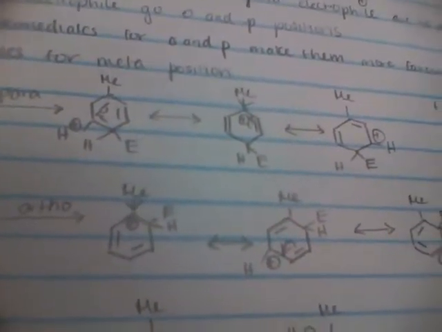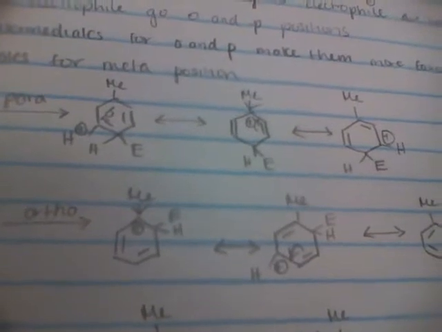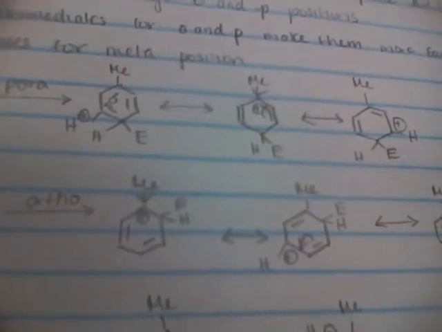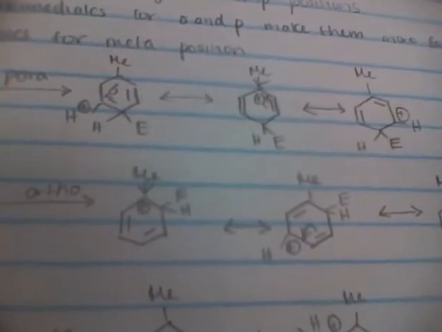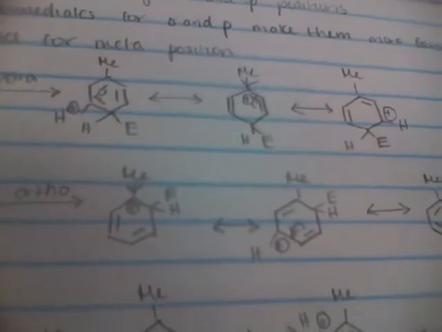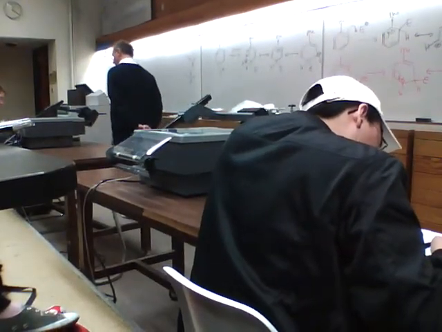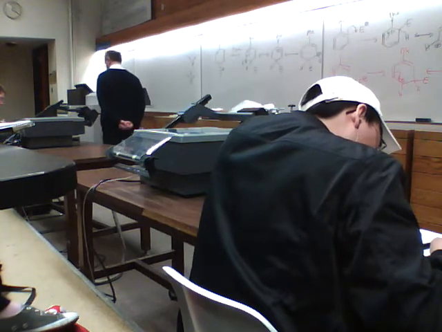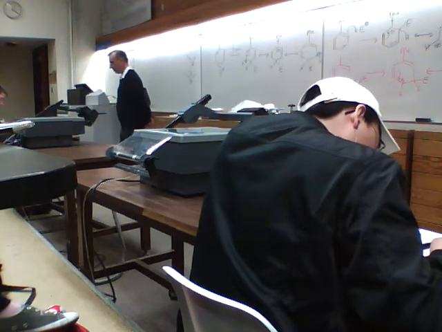And just before telling you that, I reminded you that a primary carbocation is less stable than a secondary, which is less stable than a tertiary. So if you have an electron pushing group, an alkyl group, say, on a carbon that has a positive charge, that is more favorable than if you don't have a carbon pushing to that positively charged carbon.